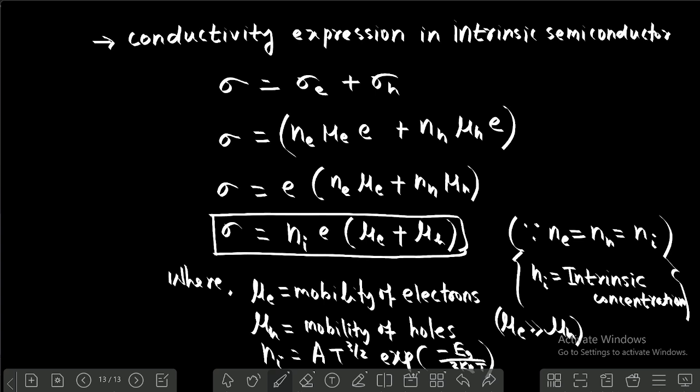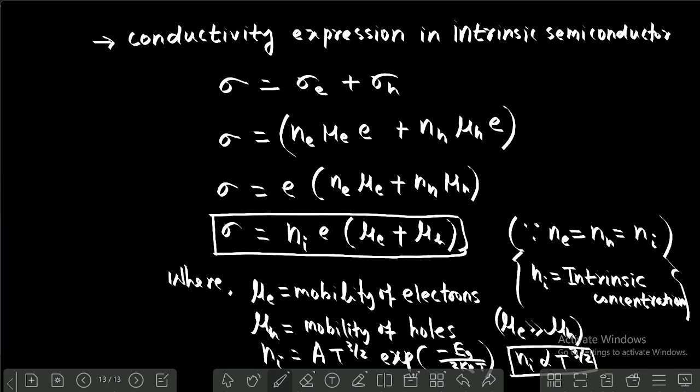So remember Ni is directly proportional to T to the power 3 by 2. Mobility of electron is greater than mobility of hole, and intrinsic concentration goes as temperature to the power 3 by 2.